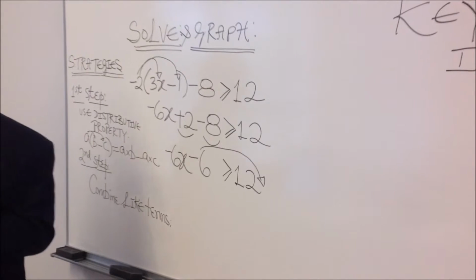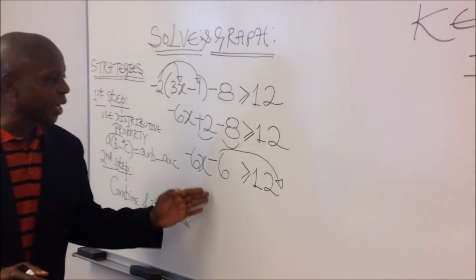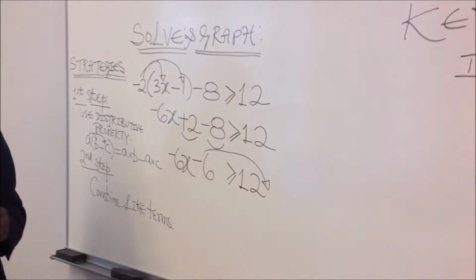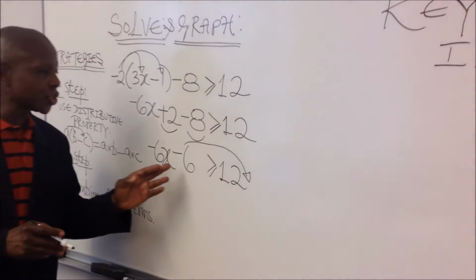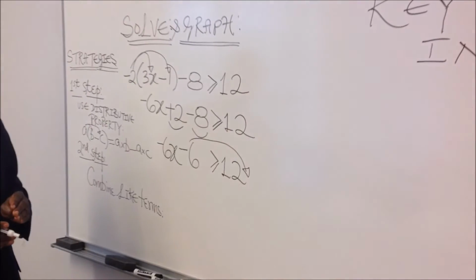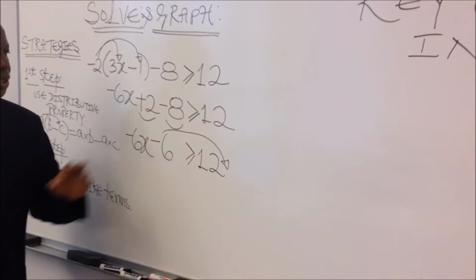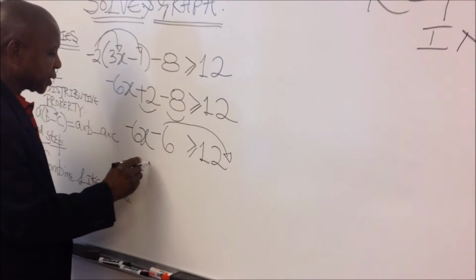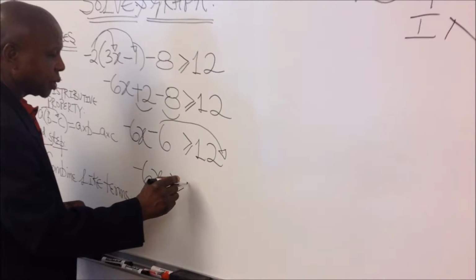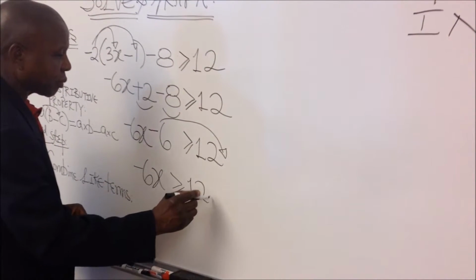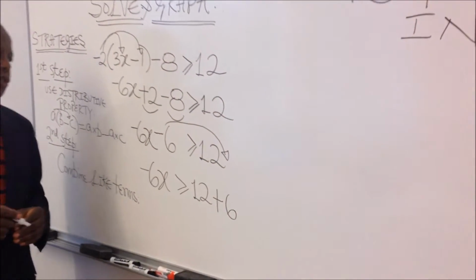But notice also that whenever you move a quantity across the inequality symbol, the sign of that quantity must change. In this case, because negative 6 is being moved to the right side, the sign of the quantity must change. So therefore, we're going to have negative 6x is greater than or equal to 12 plus 6.